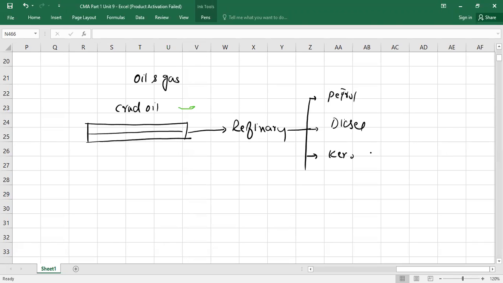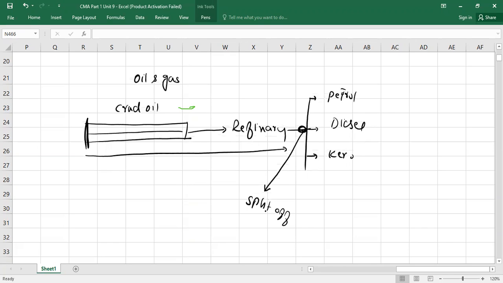Understood? Now please remember, from the scratch till the point where each product is separately identifiable, whatever cost you incur from the start till this point, that point is called the split off point.